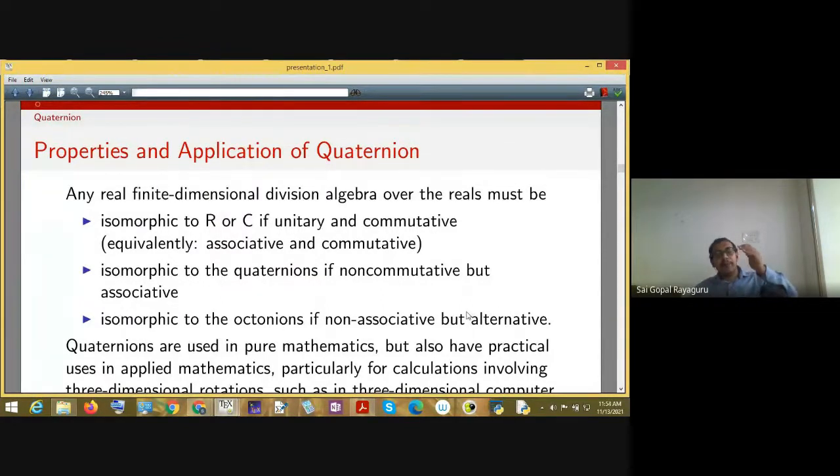After the octonions we can further extend to sedenions and so on. The dimension goes as 2 to the power n. Reals have dimension 1, complex dimension 2, quaternions dimension 4, octonions dimension 8, and sedenions dimension 2 to the power 4, that is 16, and so on.